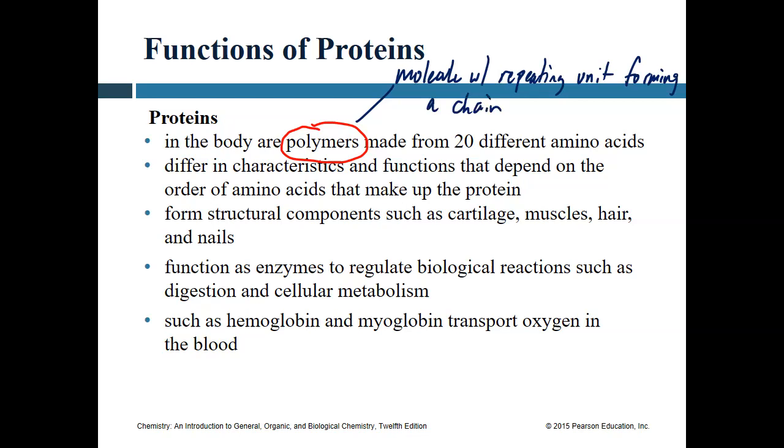So again, we could think of cellulose as a carbohydrate polymer, where it was glucose after glucose after glucose after glucose, all lined up one after another after another.